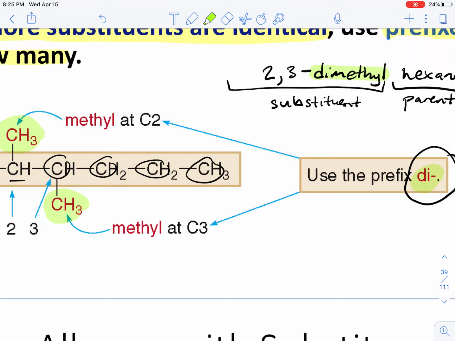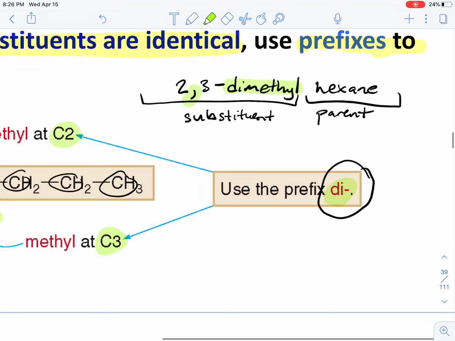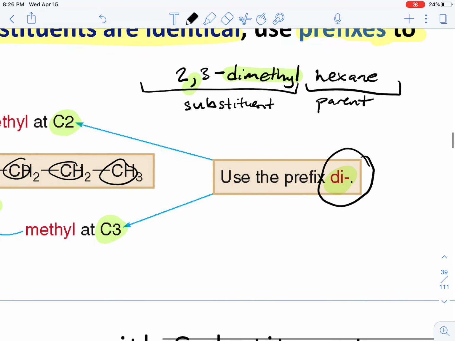Now, since you're describing the methyl groups, but they're at different positions, 2 and 3, we're going to have to use a comma to separate the carbon positions of where that substituent is found. Does that make sense? Okay. And so when we go through more examples, hopefully you guys can understand the pattern.